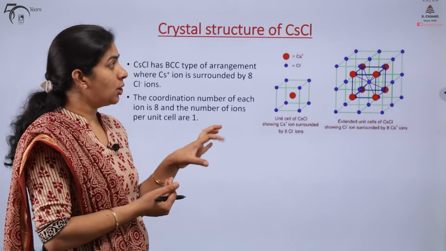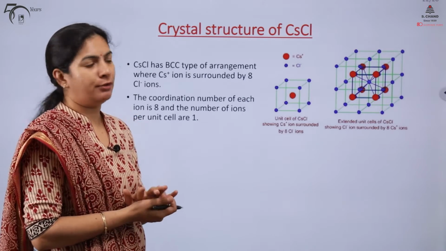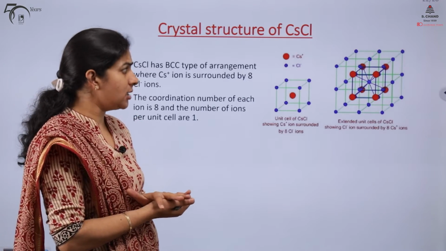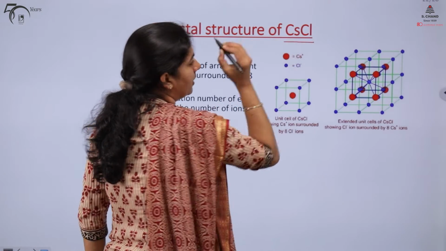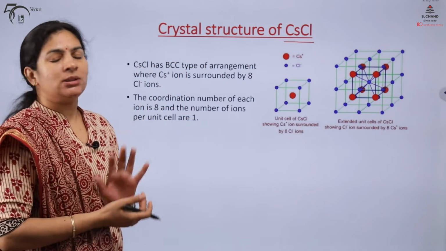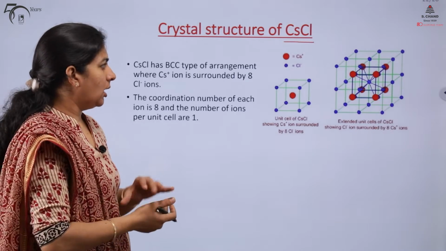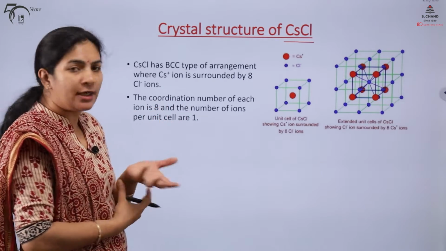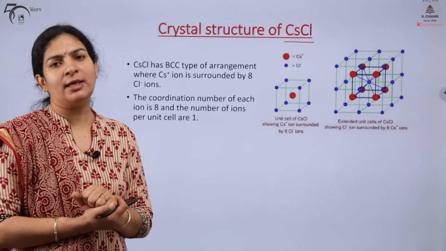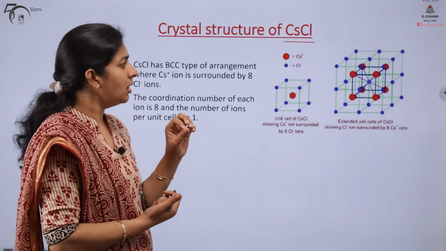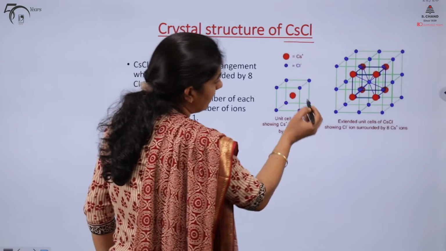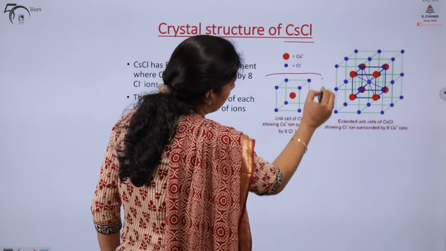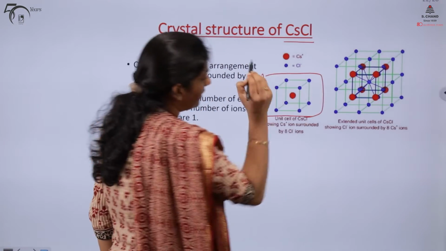So let me explain another type of crystal lattice, which is cesium chloride. What pattern is cesium chloride composed of? What is the arrangement of cesium ions and chloride ions in a unit cell? To have a look at the structure of cesium chloride, see here, this is one unit cell of cesium chloride.